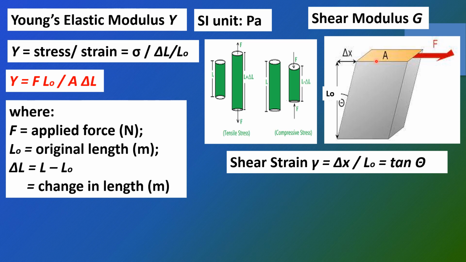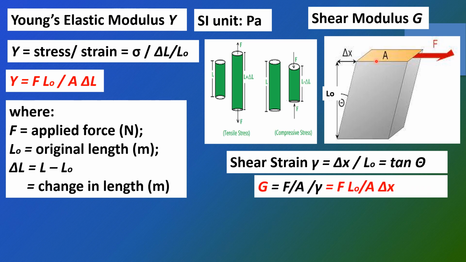So dividing the shear stress by the shear strain, we come up with the formula for the shear modulus capital G. The applied force F divided by the area of that particular surface gives us the value for the shear stress.